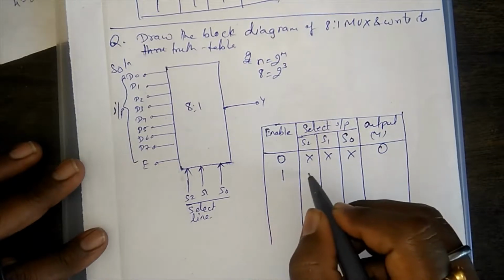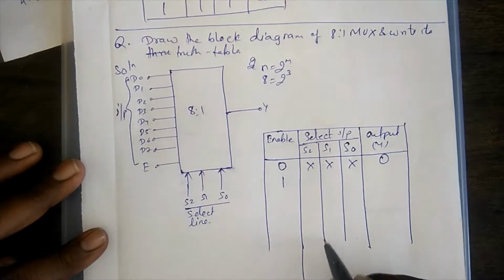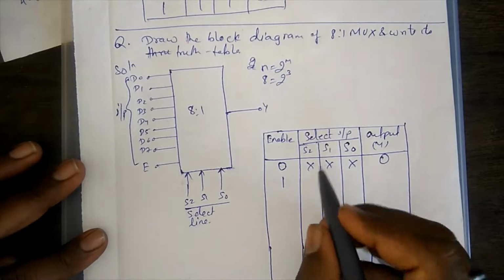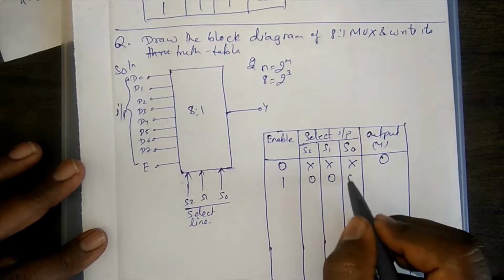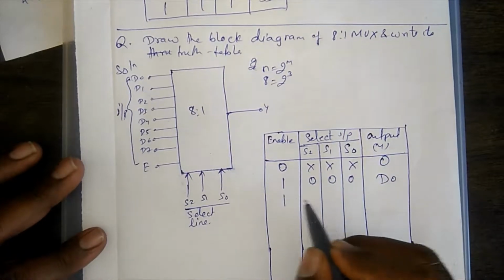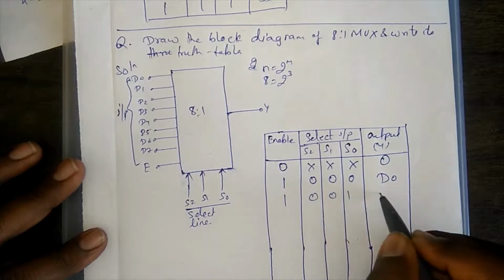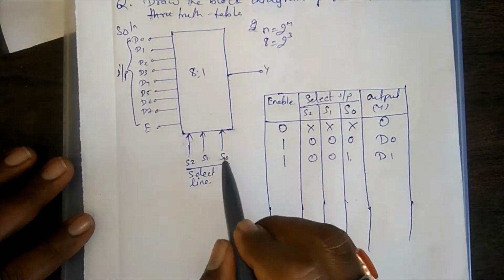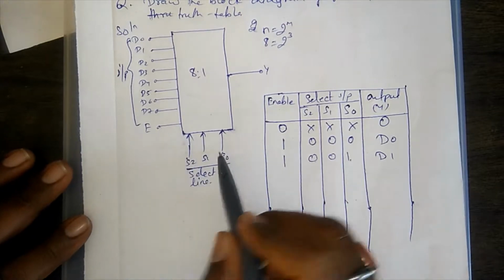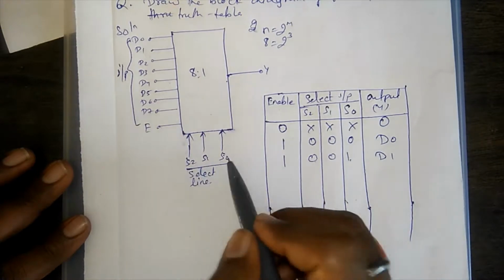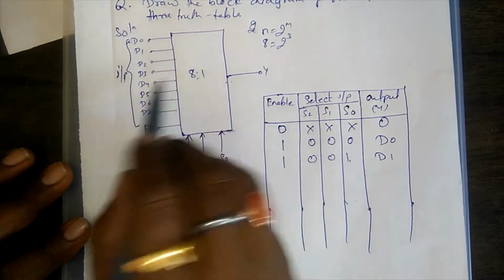Now next, enable is 1, select input 0, 0, 0, output will be D0. Again 1, 0, 0, 1, it will be D1. When all these are 0, data from D0 will be taken; at select lines 0, 0, 1, data from D1 will be taken.